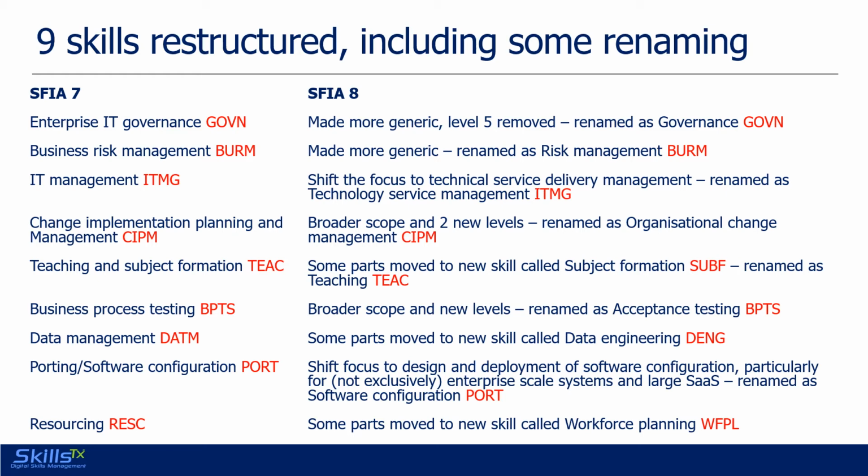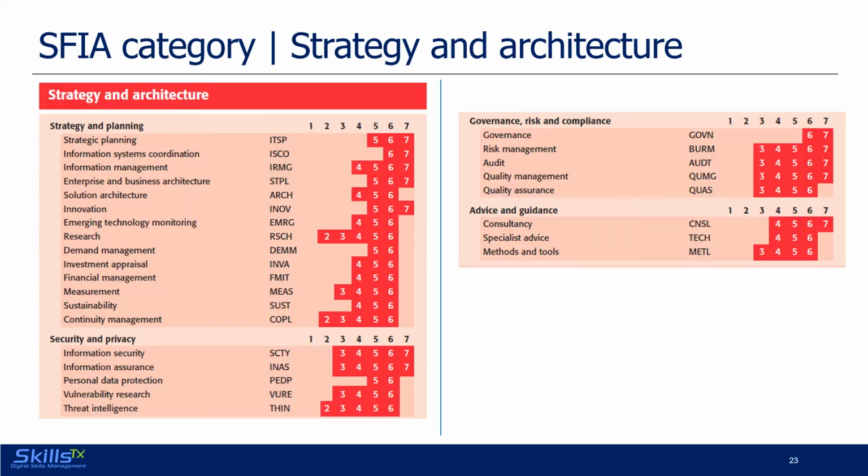It does cover other situations as well. And that's been renamed to software configuration. Resourcing has been restructured, and some parts of that have been moved to a new skill called workforce planning.